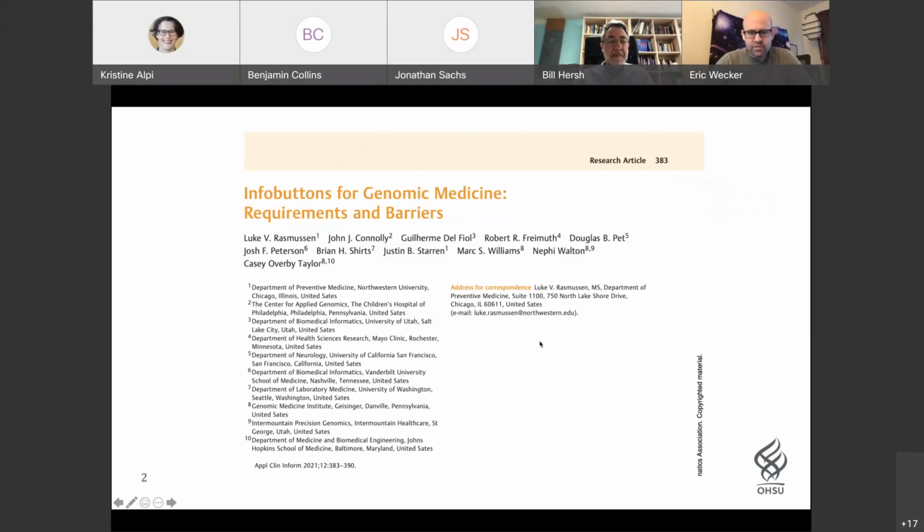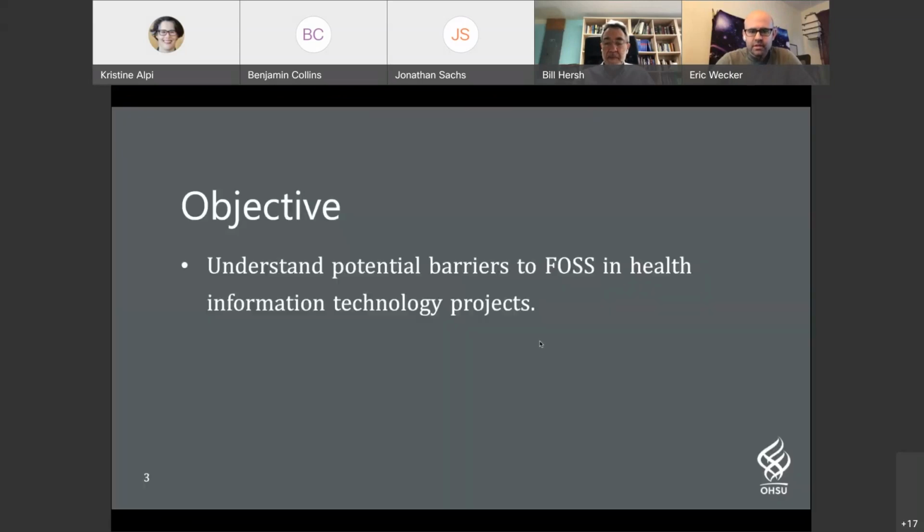It's a multi-institutional group of authors. The objective of this study was to look at barriers to implementation of free and open source software, called FLOSS, in health information technology.